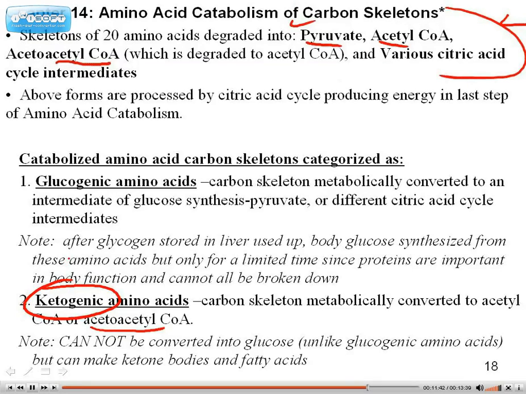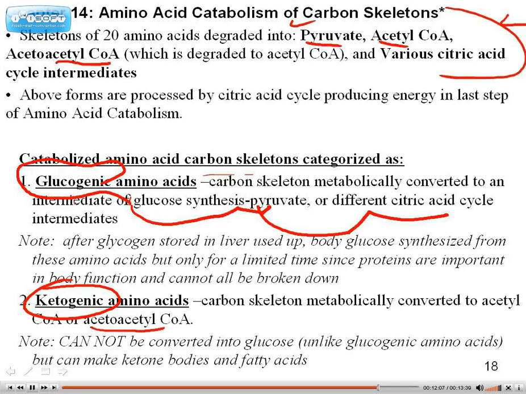However, if they form an intermediate which goes directly into gluconeogenesis, such as pyruvate, or an intermediate which goes directly into the citric acid cycle, we call this glucogenic. So think ketogenic, anything related to acetyl groups, such as with fats.